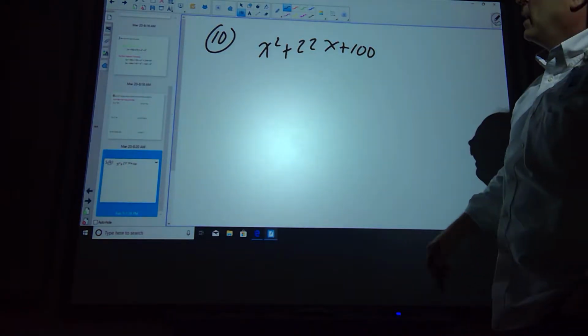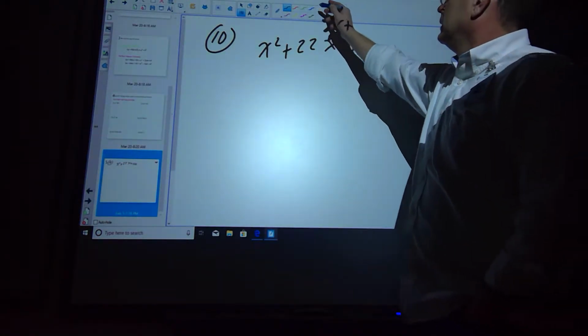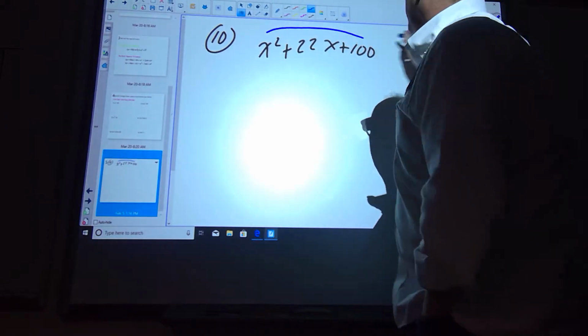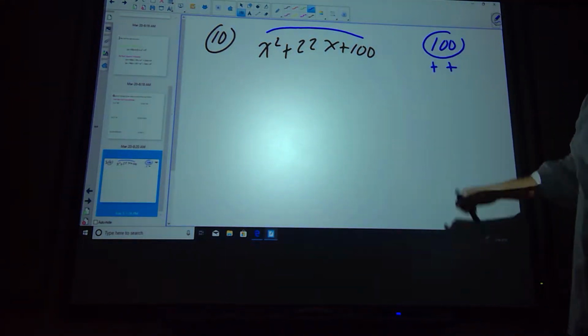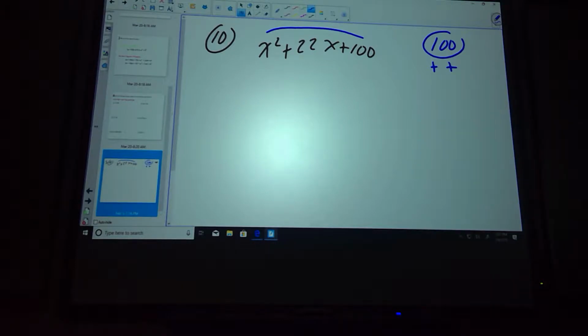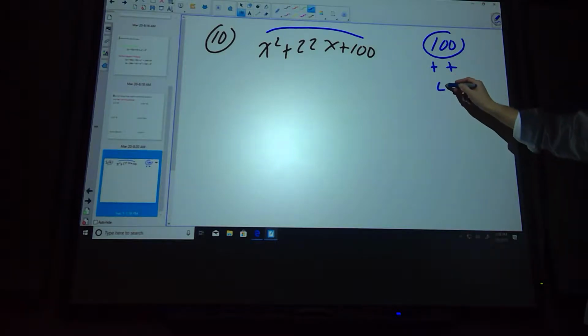My number I'm trying to make work is 100, and both values are positive so far. No problems there? All right, so let's think of factors of 100 that might add up to 22. I know 1 and 100, no. 2 and 50, it's getting closer, but not quite. 4 and 25, I guess we can start there.